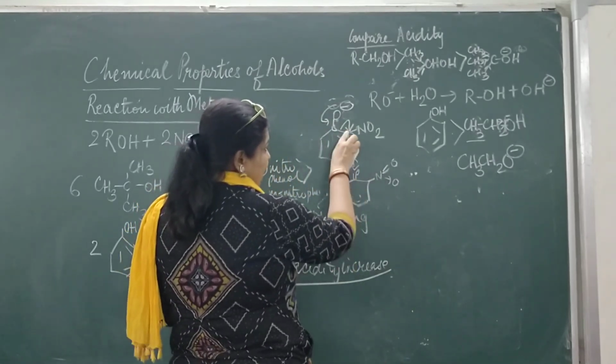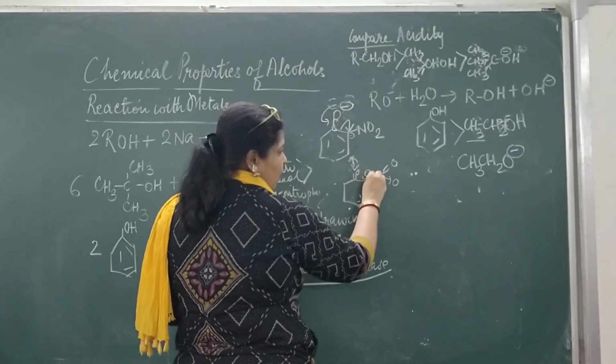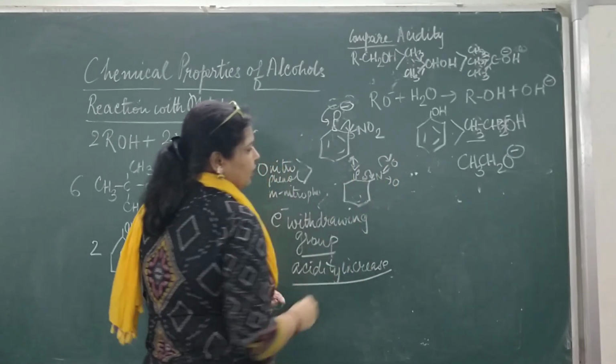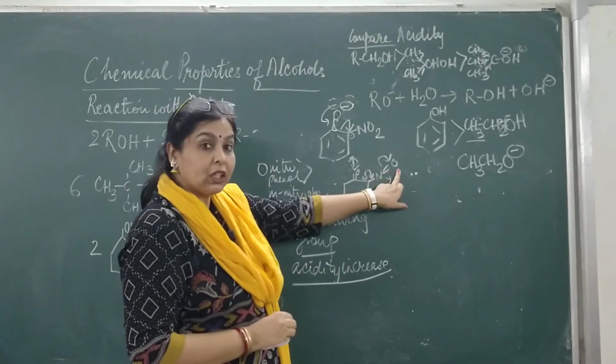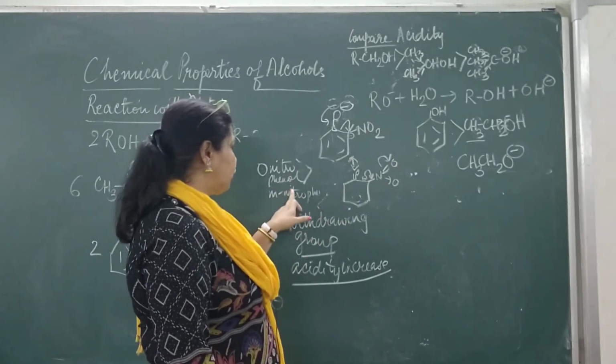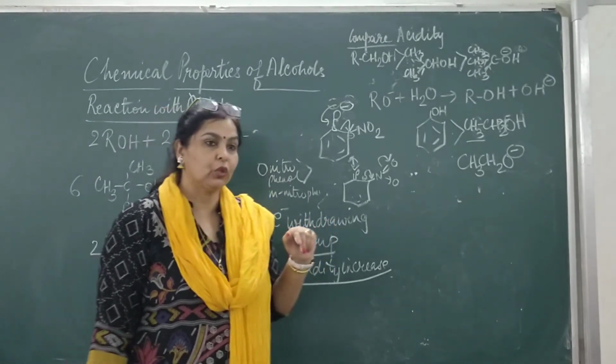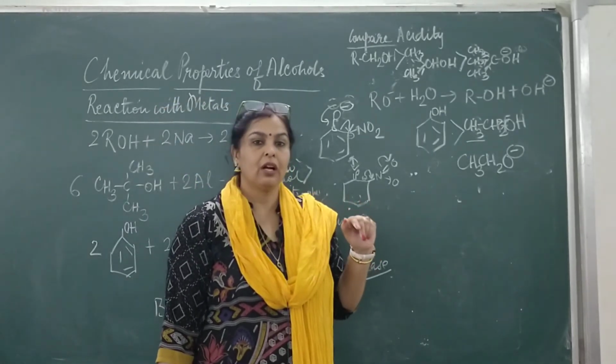So there was a minus sign here. This minus sign can be delocalized. This minus sign can be further delocalized. So यानी कि अगर मैं ऑर्थो नाइट्रोफिनॉल बोलूँ और मेटानाइट्रोफिनॉल बोलूँ, then we will say that orthonitrophenol is more acidic.